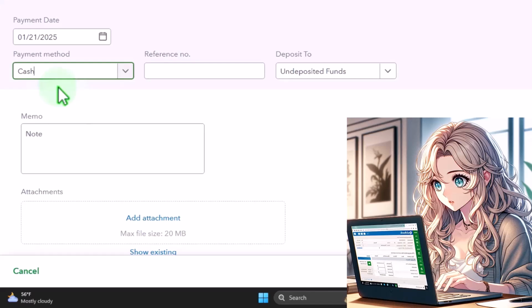So what I want to do is print a report of all the cash transactions that happened, because that should help me to give an internal control over the total cash receipts that I have, which I'm going to deposit into the bank. And then I can take the cash transactions out of undeposited funds, depositing them into the bank so that they will hit the bank feed in one lump sum deposit, right?